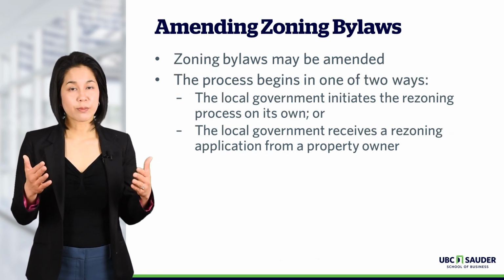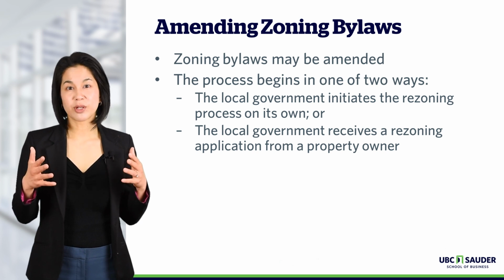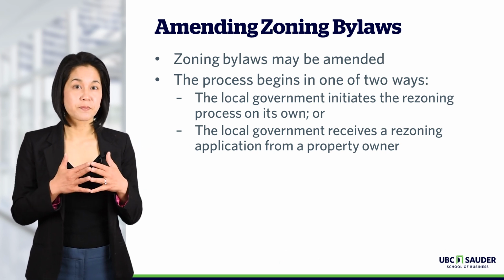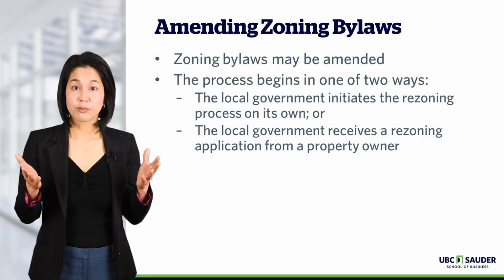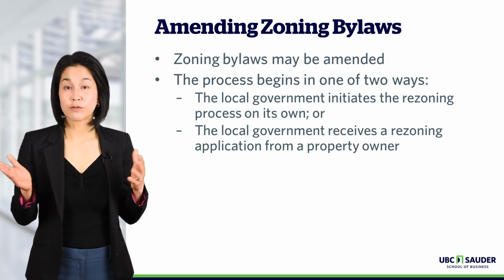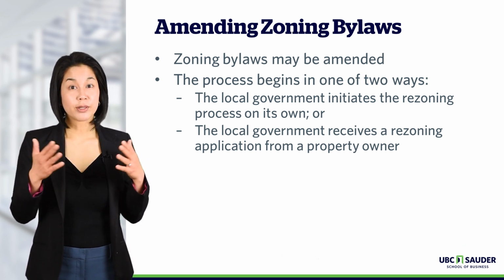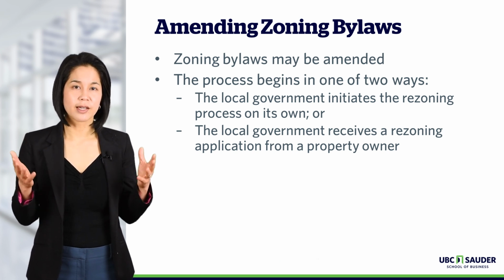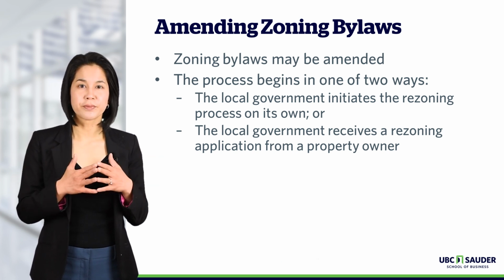It is important to remember that zoning bylaws are not permanent and may be amended by local governments through amending bylaws. The rezoning process generally begins in one of two ways. The local government initiates rezoning on its own, or more commonly, upon receiving an application from a property owner.